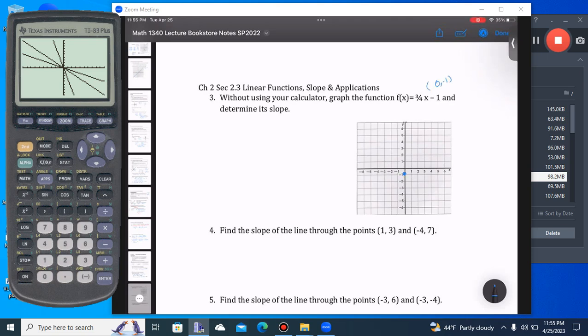And then your slope is 3/4, which is a rise of 3 and a run of 4. So you go up 3, 1, 2, 3, over 4, 1, 2, 3, 4. You get the second point. You can go backwards on this, so we can go to the left 4 and down 3, and you get another point. And you can connect those points with the line, and you have your line graph.